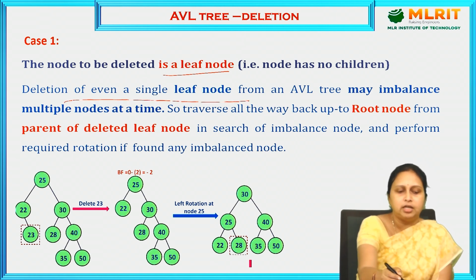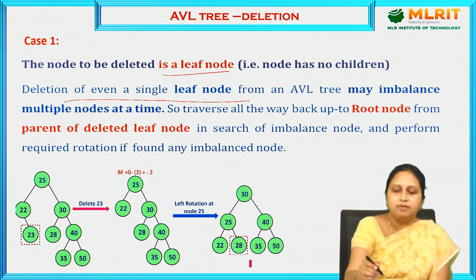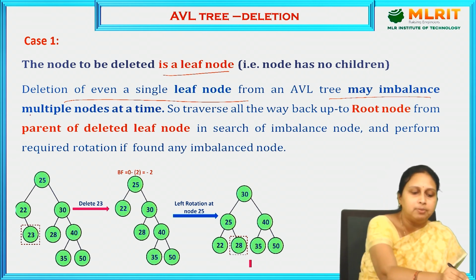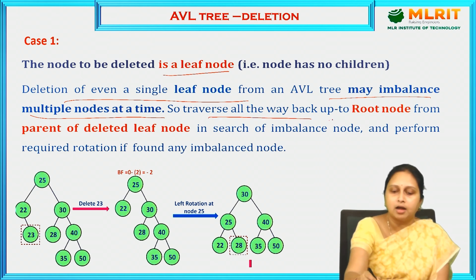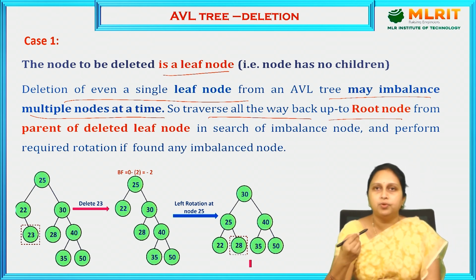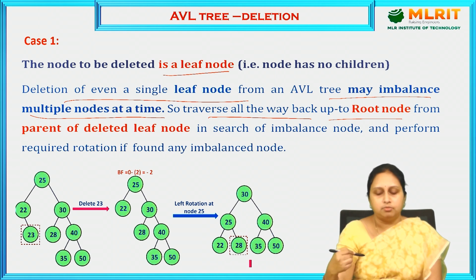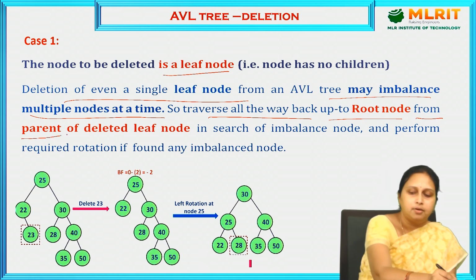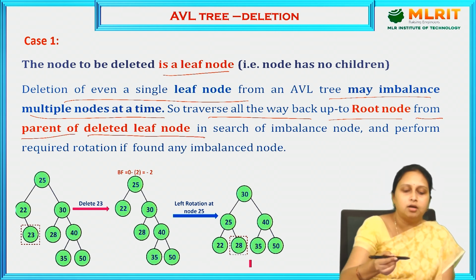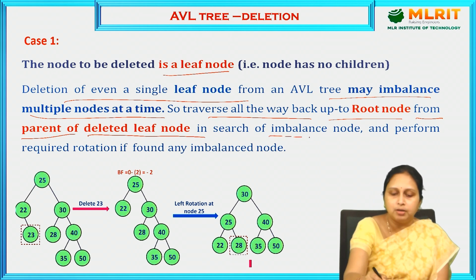Deletion of even a single leaf from the AVL tree may imbalance multiple nodes at a time. It may have some imbalancing of nodes in the tree. So, traverse all the way back up to the root node. After removing any node, we traverse back to the root node and find the balance factor from the parent of the deleted node to the root in search of an imbalanced node.